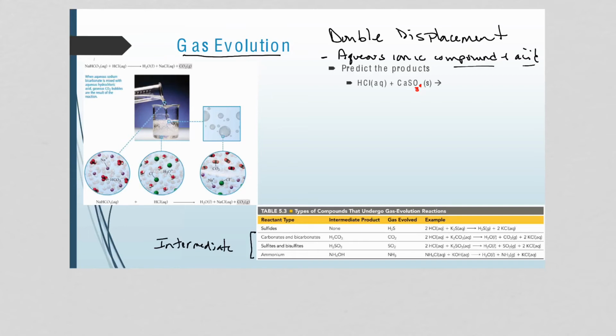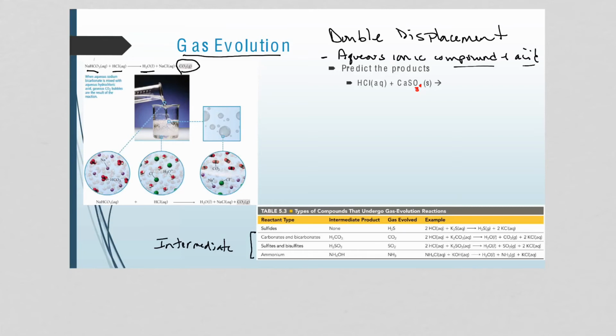So if I look at the reaction in the picture here, we see the reaction between sodium bicarbonate and hydrochloric acid ultimately forms our gas, which is carbon dioxide here, along with water and an ionic material.